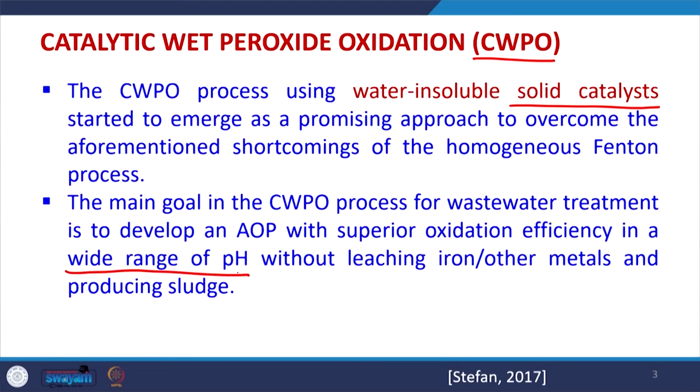This is possible without leaching of iron or any other metal, or producing sludge. So, we benefit in all three aspects by using this technique, and it may also have superior oxidation efficiency, depending upon the type of wastewater we are treating and the type of catalyst that we are using.